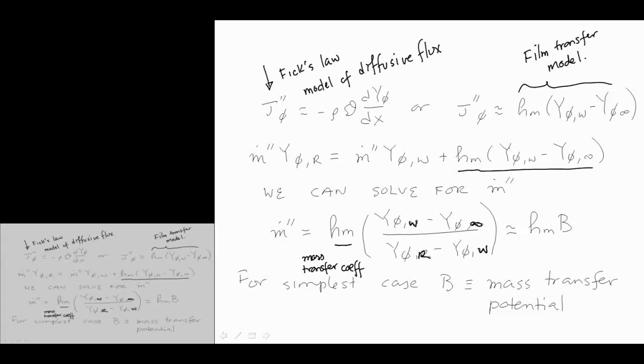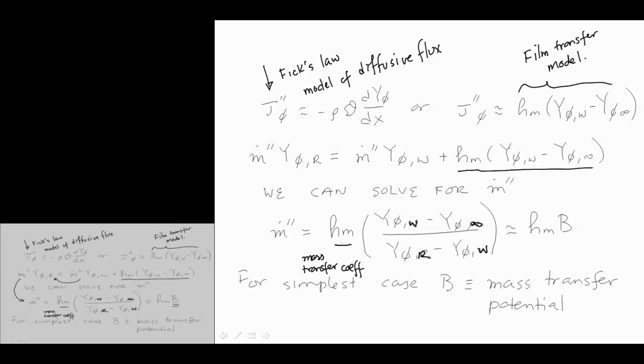And this is algebraic. This comes just from this. All we did was take this to the left-hand side, so we had y phi r minus y phi w, and then we divided y phi w minus y phi infinity by that y phi r minus y phi w.